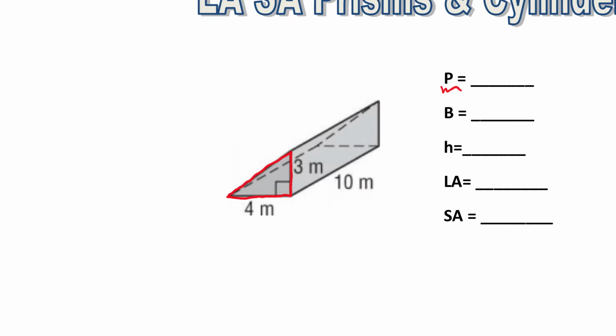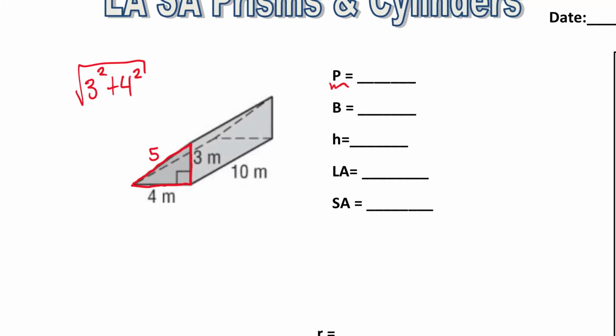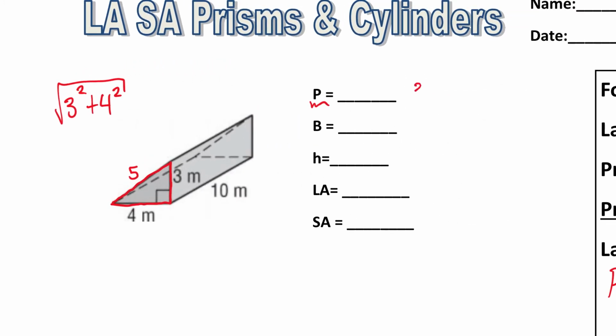But if you forget that, you can just do Pythagorean theorem, 3 squared plus 4 squared, take the square root. And what does that give you? 5. So the perimeter of the base is going to be 3 plus 4 plus 5. So it's 12.